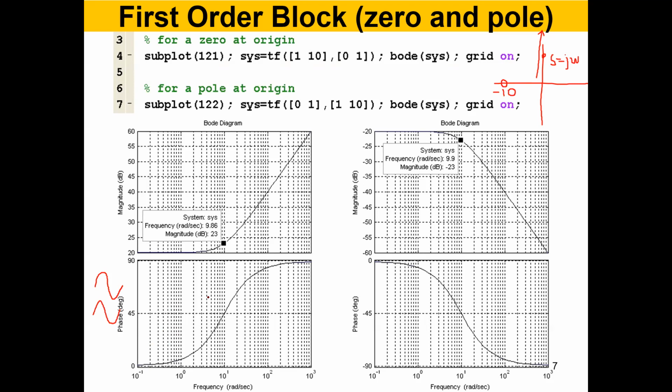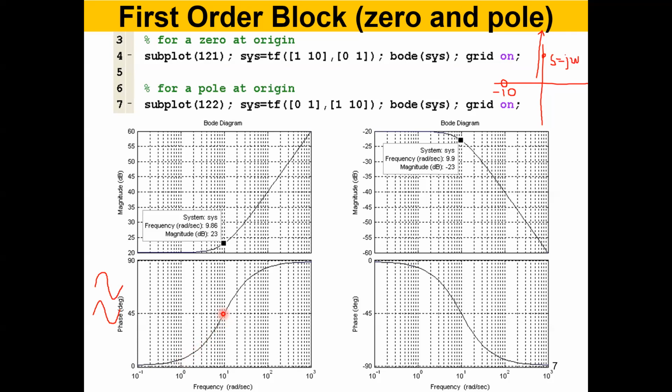But as you increase your frequency, right? As you increase your frequency, you get here 10 to the 0. This is 1 radian per second. And you see now there's a phase lead, positive phase, right?